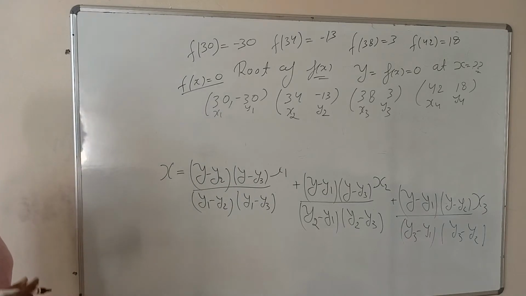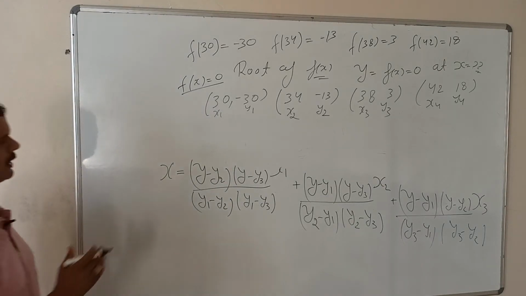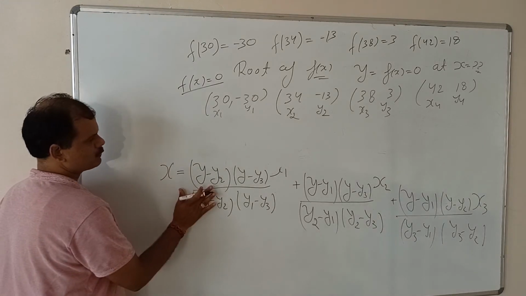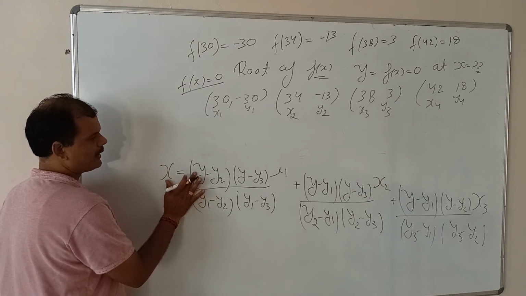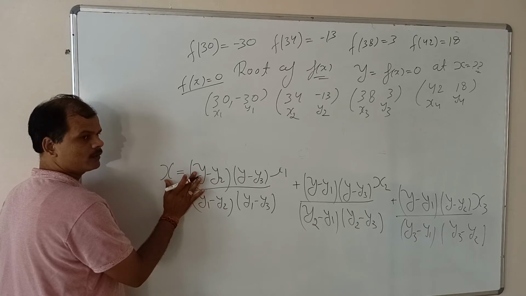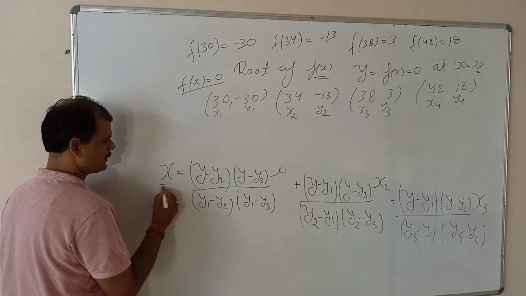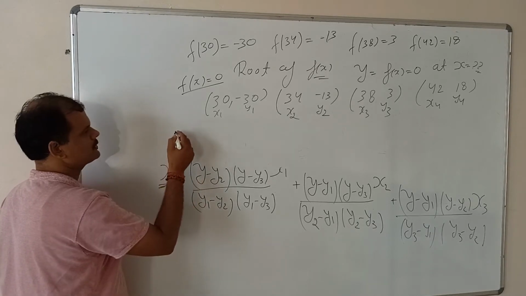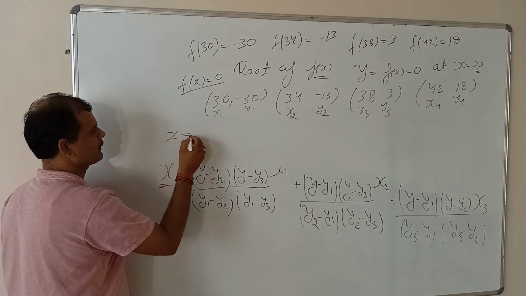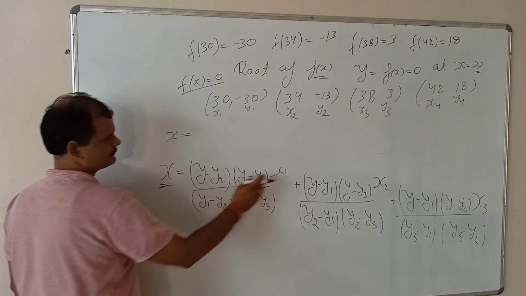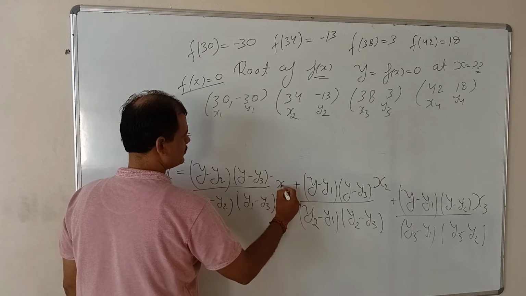Now we'll write the inverse Lagrange interpolation. Already we have the formula, so we'll substitute that formula here. What is the y? Y is 0, and we need to find the x. So x equal to, let me write the first term. This is your x1.